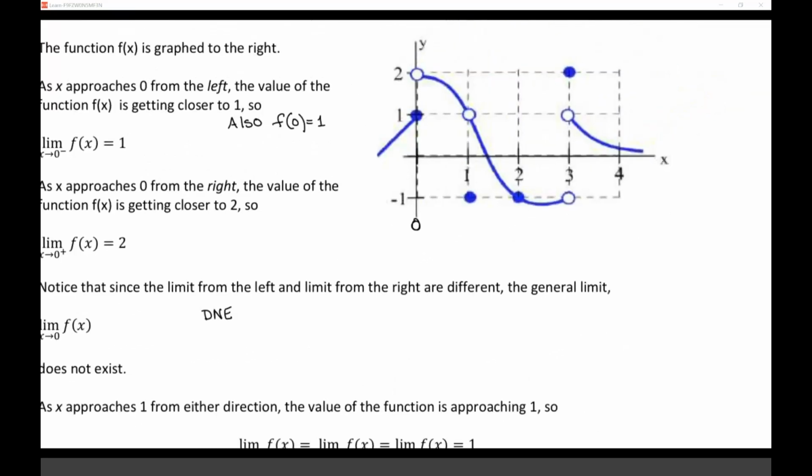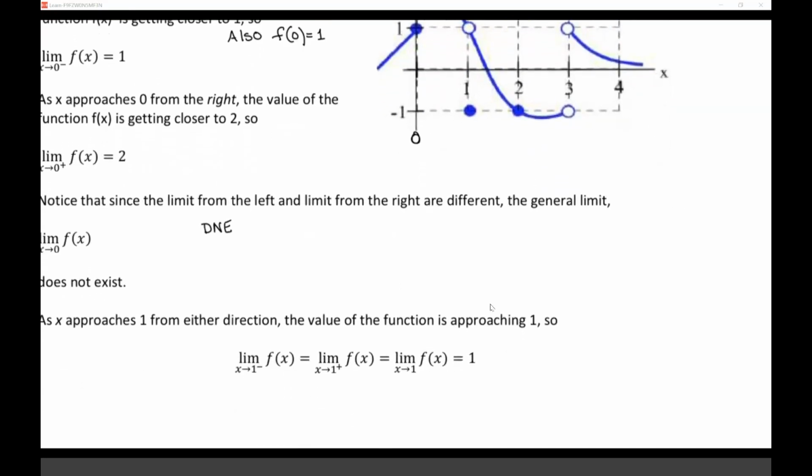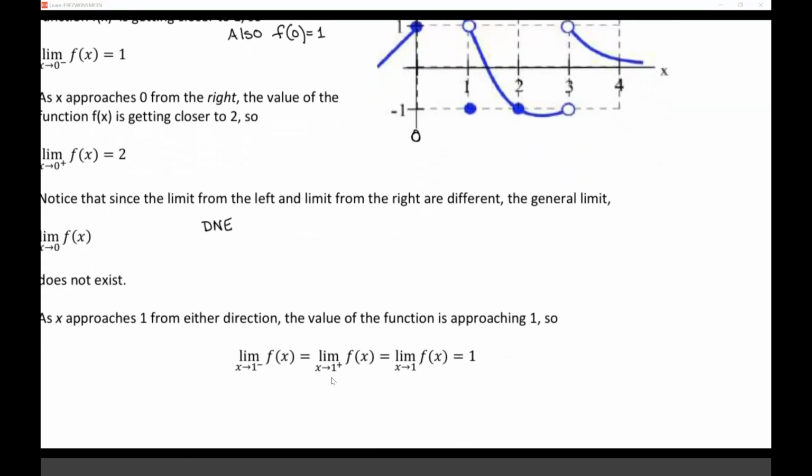Now, if we look at x equals 1, as I approach x equals 1 from the left, my function value is getting close to y equals 1. As I approach x equals 1 from the right, my y value is getting close to y equals 1. So the left limit is equal to the right limit, which is equal to 1.